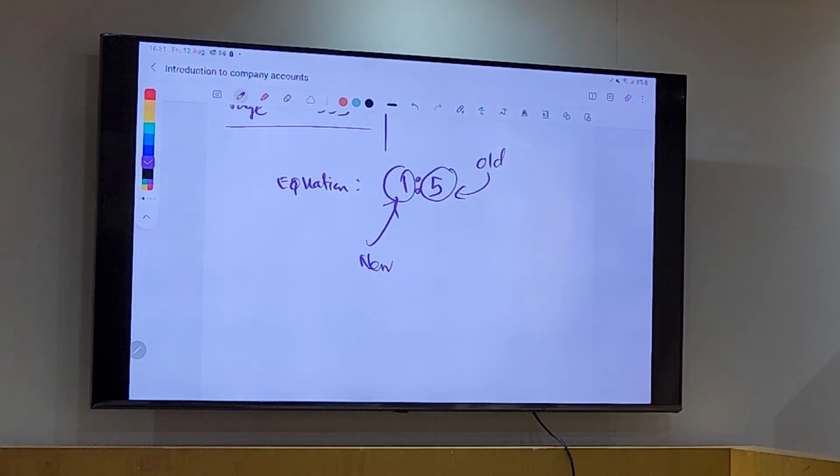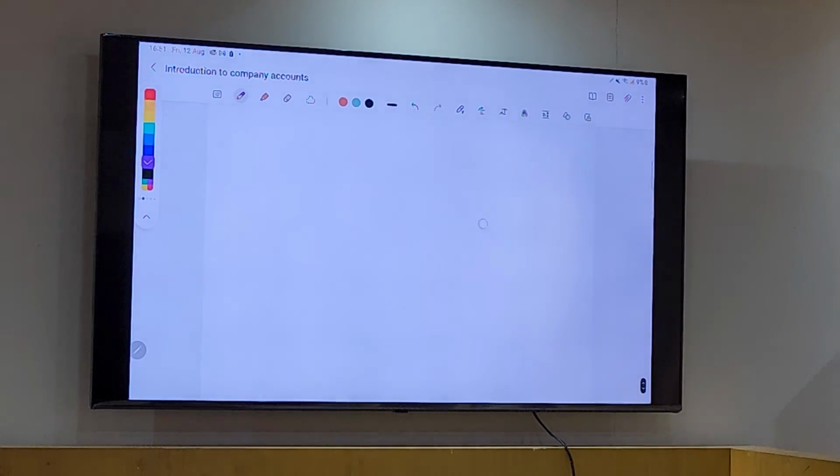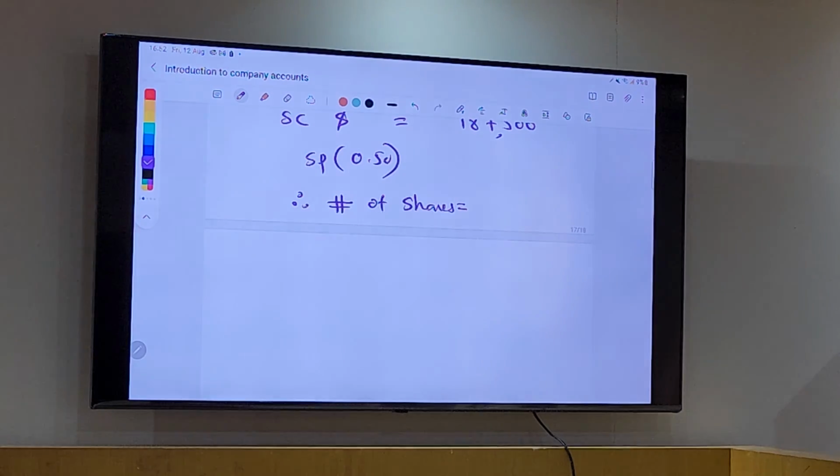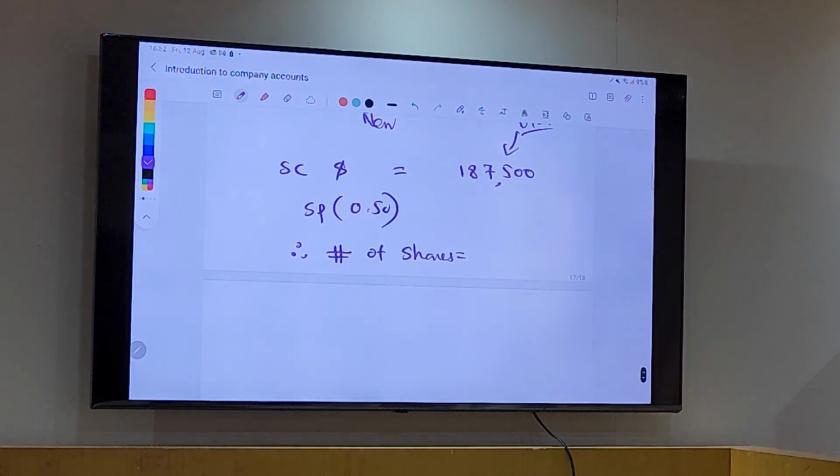Is the class clear? Then we know share capital in dollars, 187,500. They also told you the share price, so can we calculate the number of shares? How to do that, Nathan?